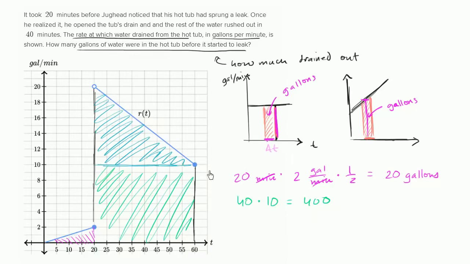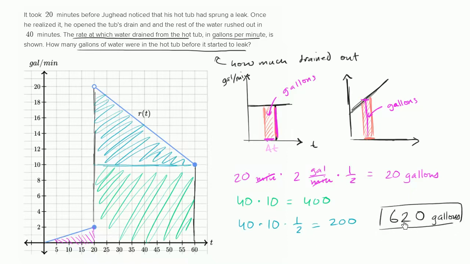But then I'm going to multiply that times 1/2. So it's going to be 40 times 10 times 1/2, which is going to be 200. And so you add all of these areas together: 400 plus 200 is 600, plus 20. You're going to have 620 gallons. 620 gallons is how much water in total drained out, or how much water was in the tub before it started to leak.